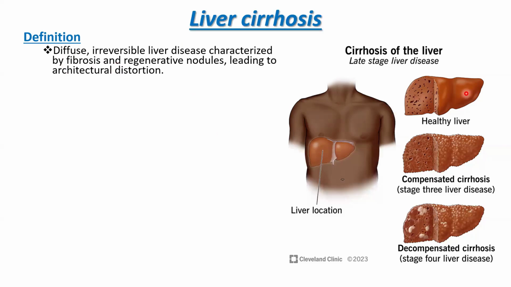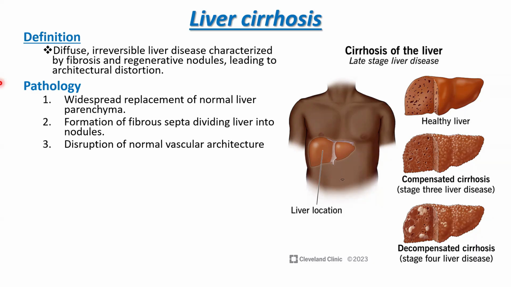And as you can see here, this is a healthy liver that goes through hepatitis and cirrhosis, giving us this liver here. So you can have compensated liver cirrhosis, that is, the liver can regain its functions, and you can have decompensated cirrhosis, where the liver has lost its functions.